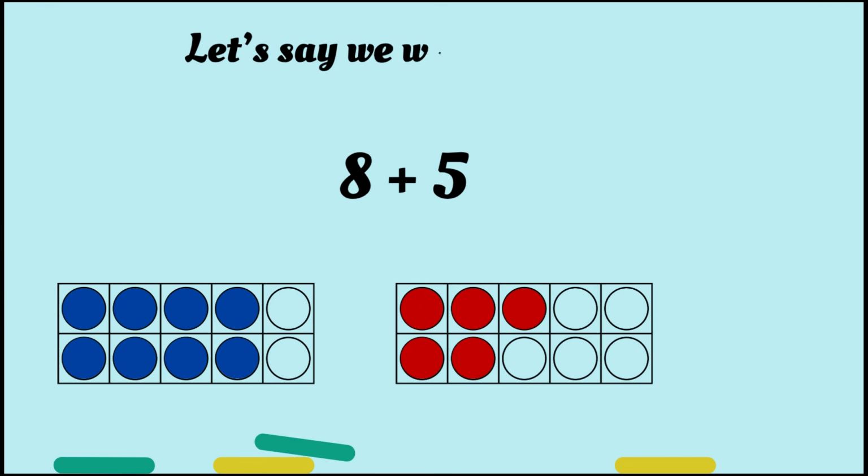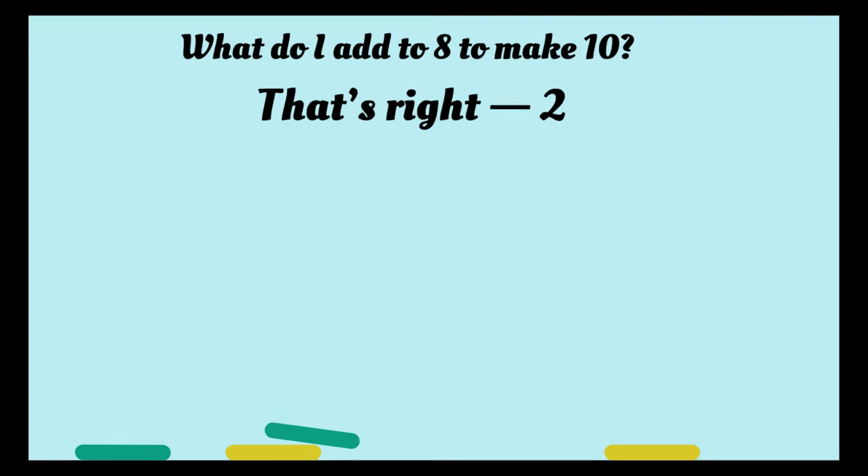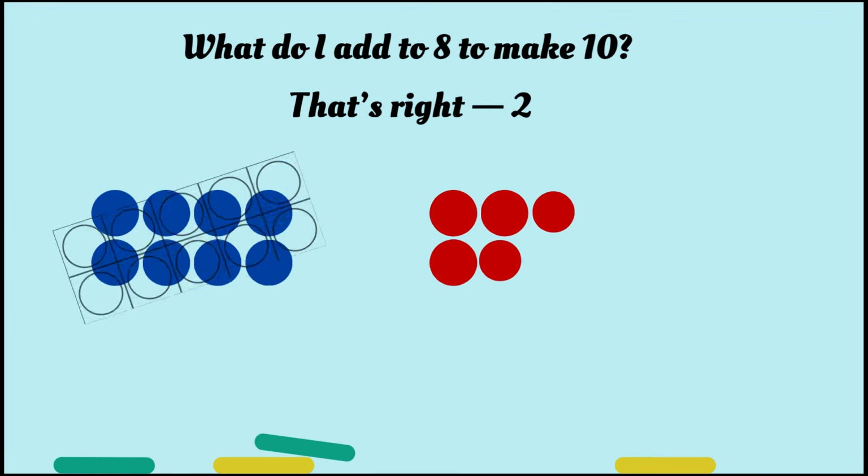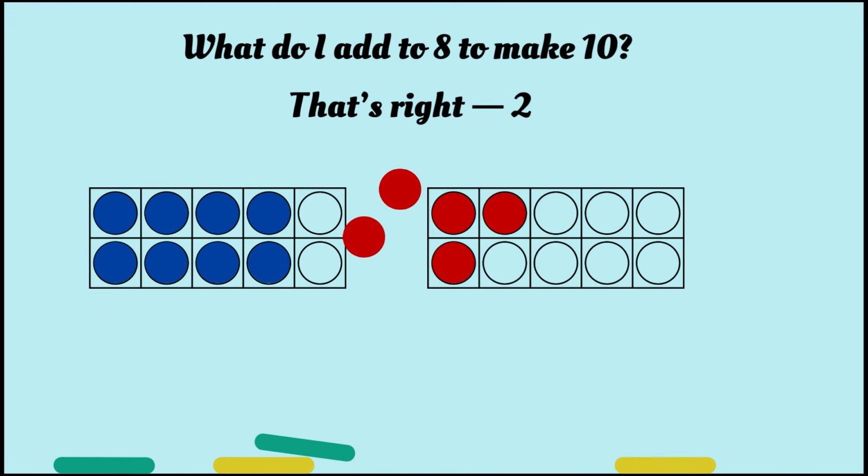Let's say we want to add 8 and 5. First, we ask, what do I add to 8 to make 10? That's right, 2. So, we break 5 into 2 and 3.